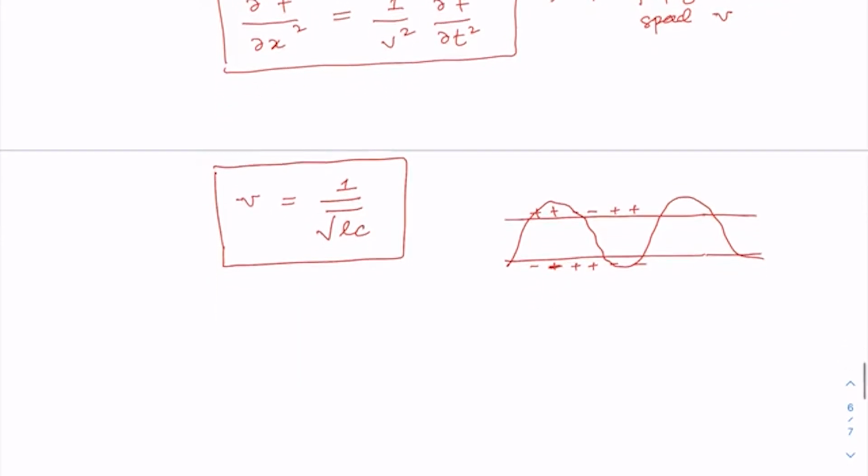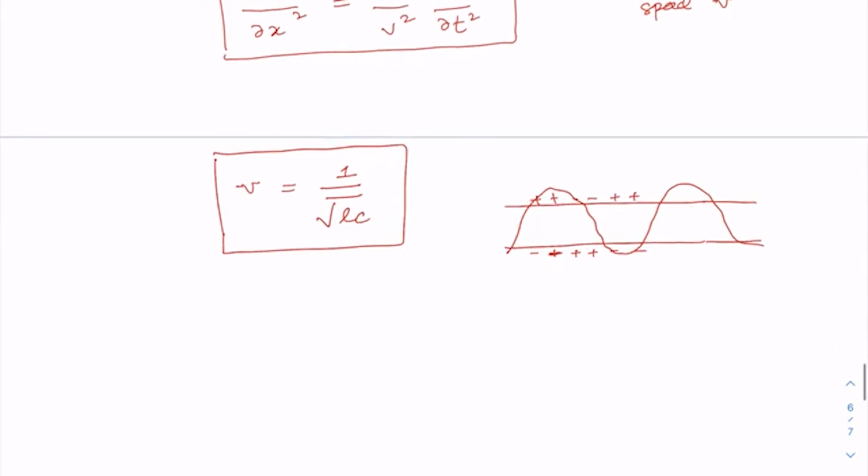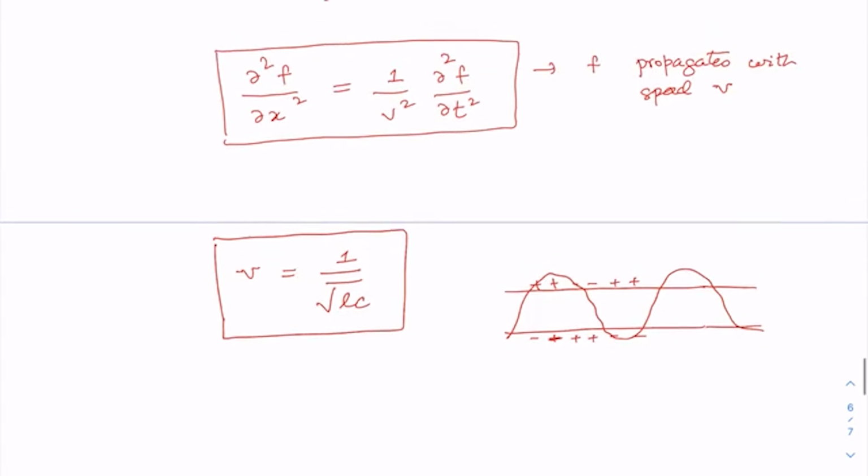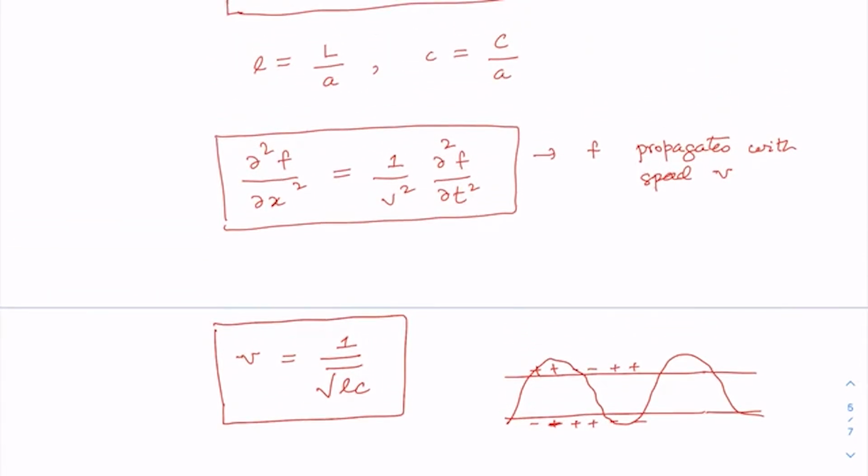Okay, and now because classically we have got that the current propagates like a wave in a transmission line, that means the current can carry information. So the next problem is how to quantize this transmission line, and this is what we are going to do now.